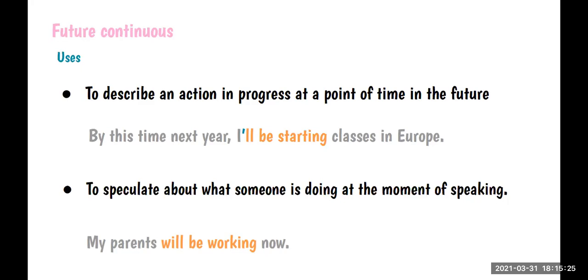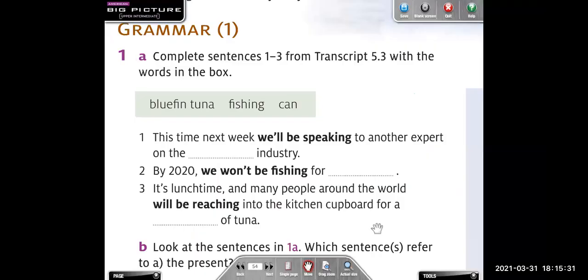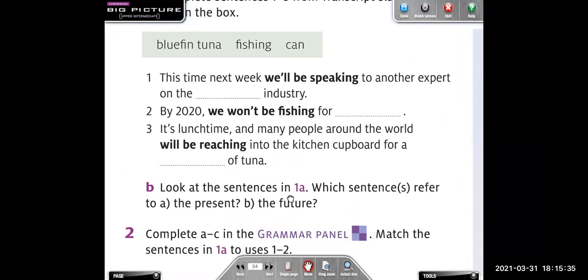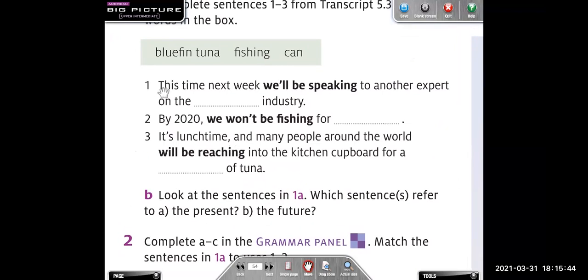Do you have any questions about this? Let's go to the book. It says, look at the sentences in exercise 1A. Which sentences refer to the present and which of them refer to the future? For example, this time next week, we will speak to another expert on the fishing industry.